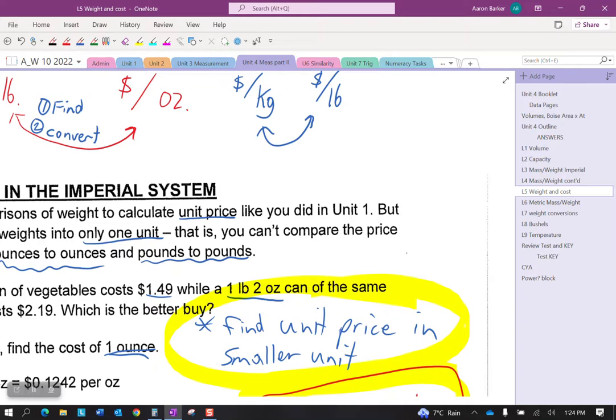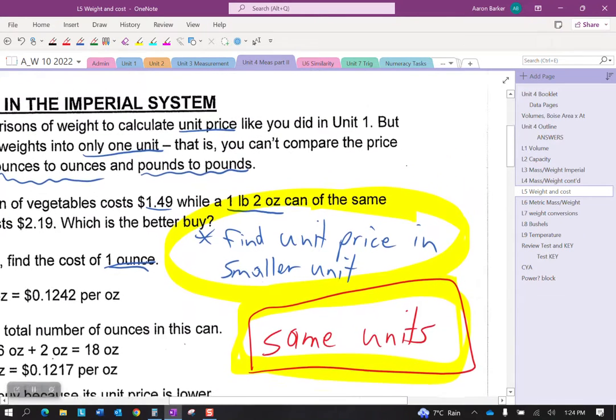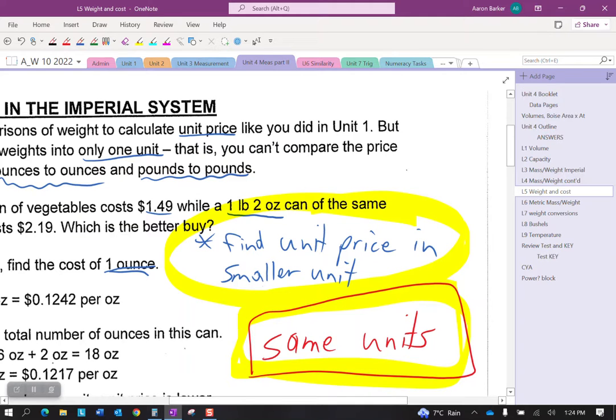Don't convert the small ounce can into a pound can because that's going to be working with a lot of decimals and confusing. Convert everything into ounces, the smaller unit. And part 2 is you got to have the same units. In order to compare, the units must be the same. So we have to make sure that we're not messing that part up. Any questions before we start?